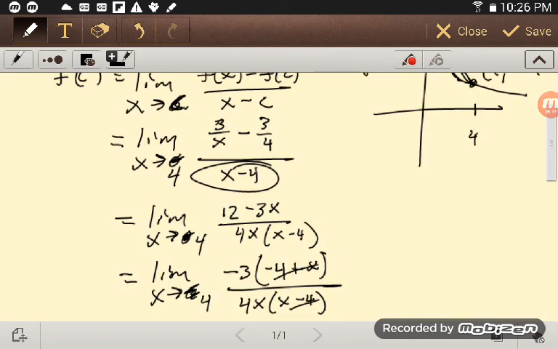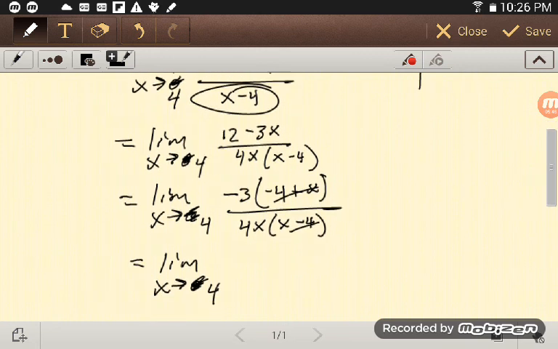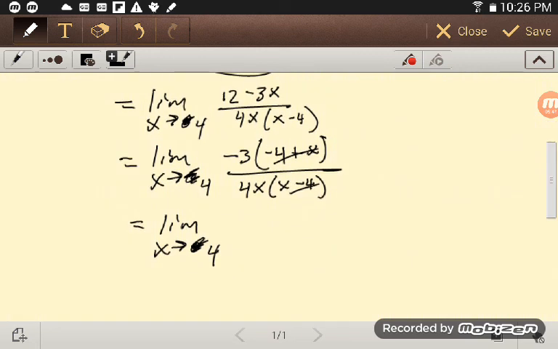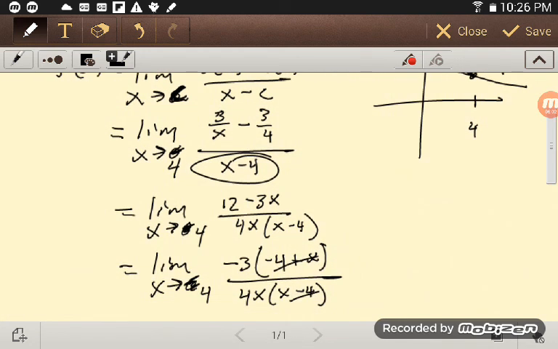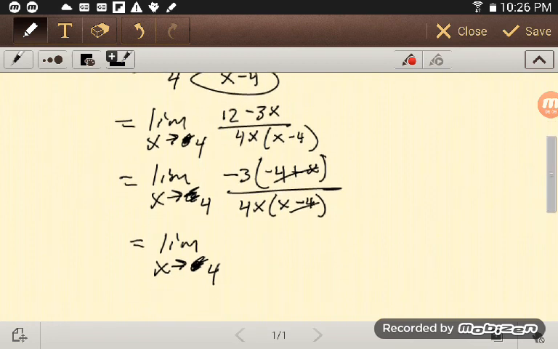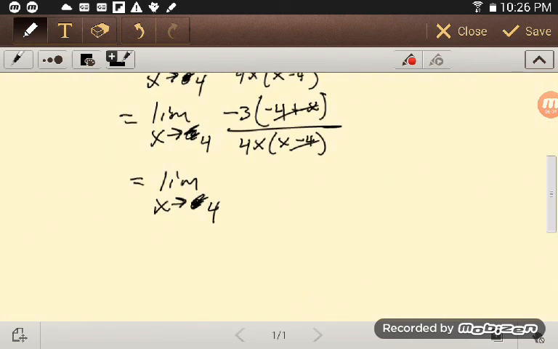Well, no, I couldn't have put it into the top part, could I? But once I got down here, things were looking much better. Well, no, I still had the x. But yeah, we want this to go to c, which is 4. I'm usually used to writing h goes to 0, and so that's where I screwed up.